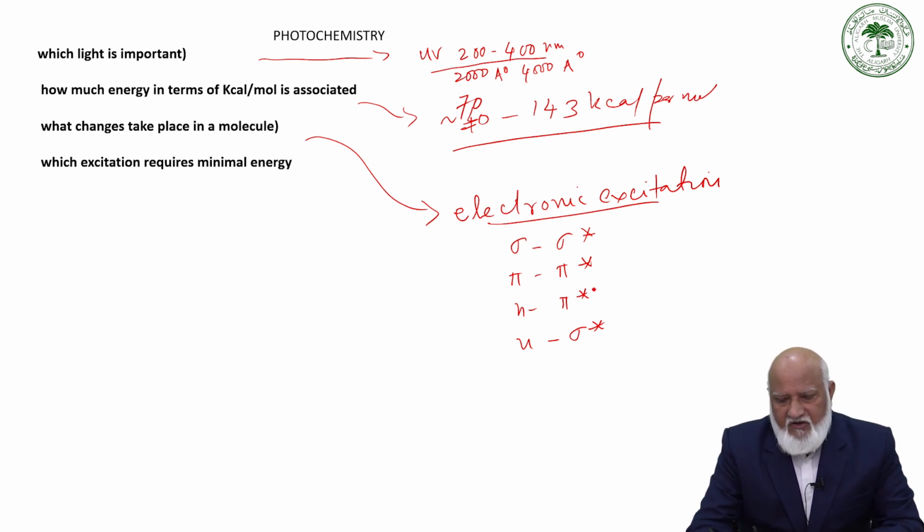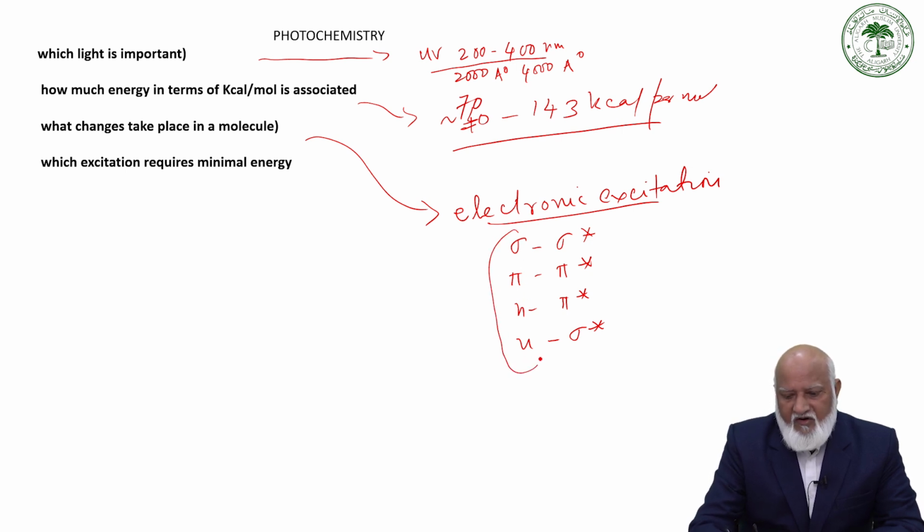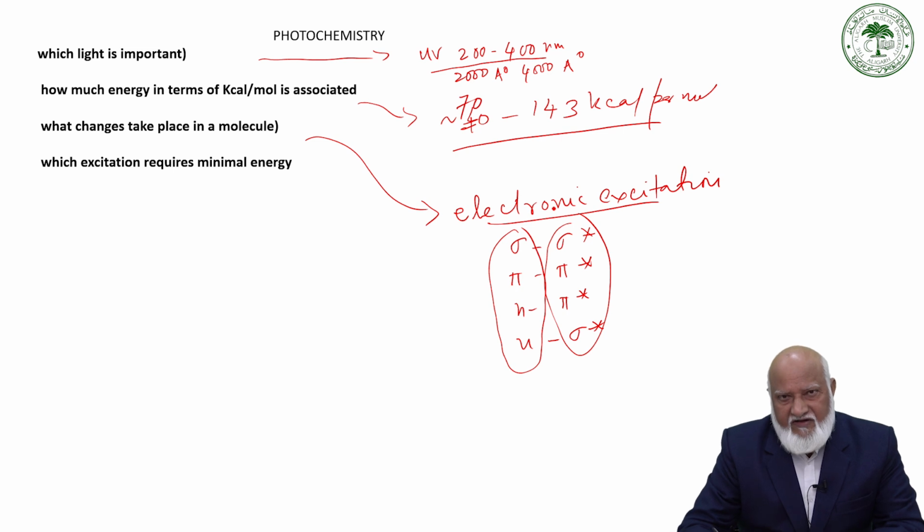Now, what are these excitations? The molecule goes from bonding orbitals, which are electron occupied in the ground state, to excited anti-bonding orbitals which are vacant.